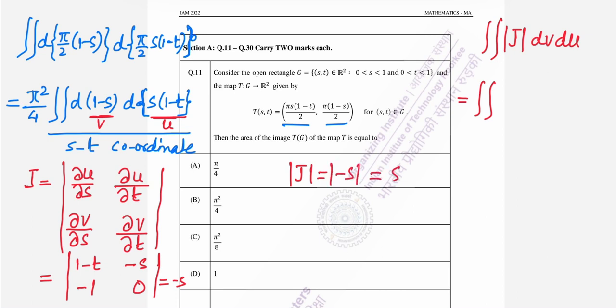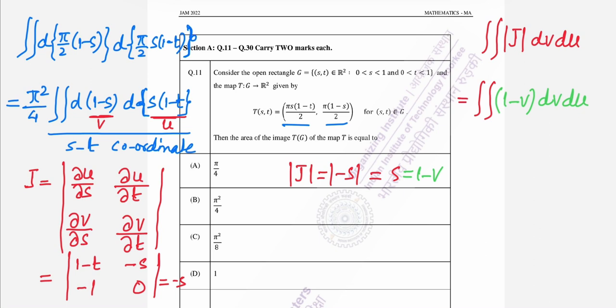And if you see here in the green enclosure, s will be 1 minus v. So this will be 1 minus v in place of mod J, and here will be dv du.